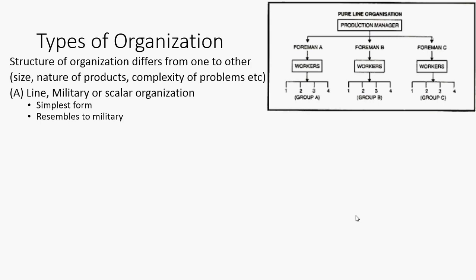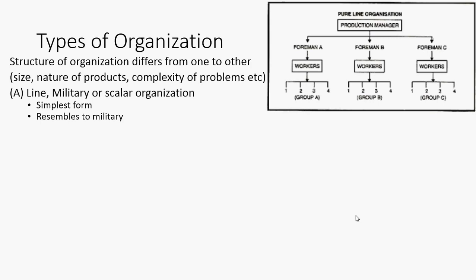We can see in the figure a production manager handling three foremen. Under every foreman there is only one supervisor worker. Foreman A handles one worker, foreman B another worker, foreman C another worker, and each worker handles four helpers.